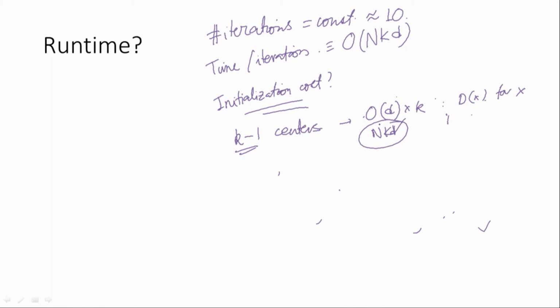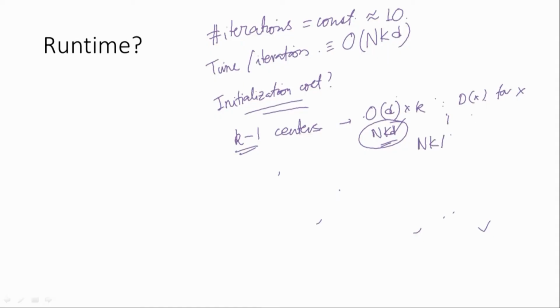And then we sample, and we do this for k number of steps. So nkd times k, right? Because for choosing every center we have to do this. So the time for initialization is order n k square d. Which now starts looking a little tricky, because n k square d, okay. We'll see how it really does in practice.